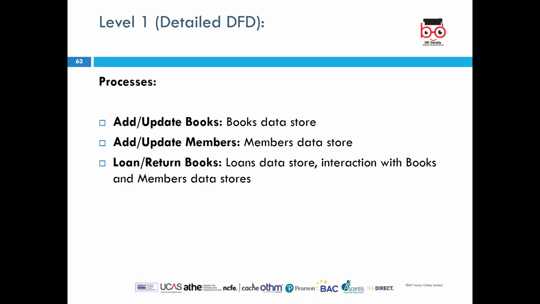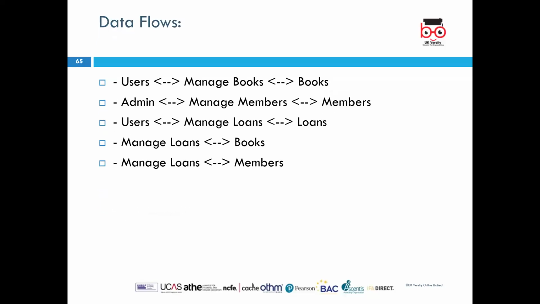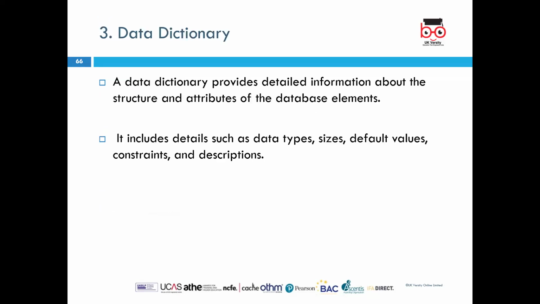Then in level 1 we have processes, which is going to include adding, updating our books. Here is how our data flow diagram will look like. Here's the process that's required for our data flows.